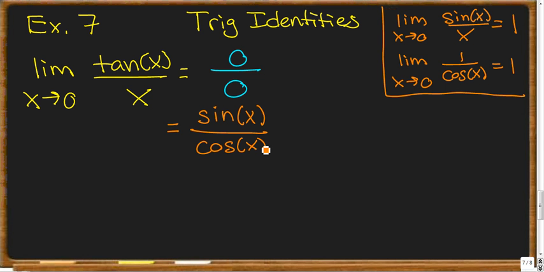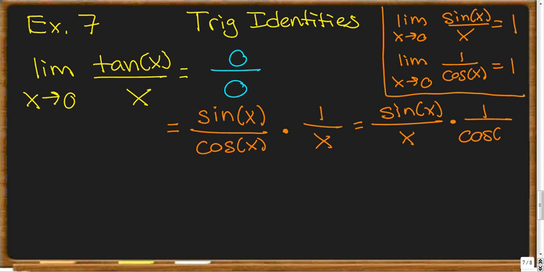And we're dividing by x, which is the same thing as multiplying by 1 over x. So we can think about this as the sine of x over x times 1 over the cosine of x. I've just reordered this a little bit.